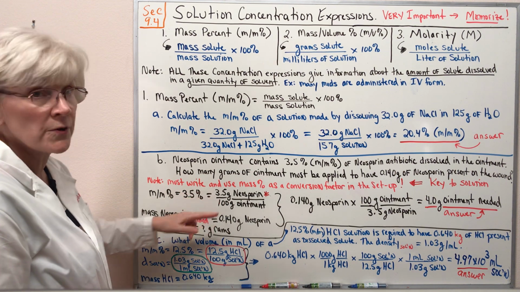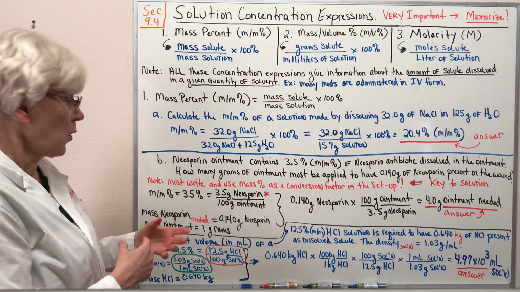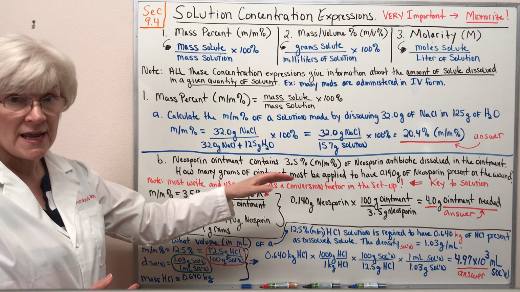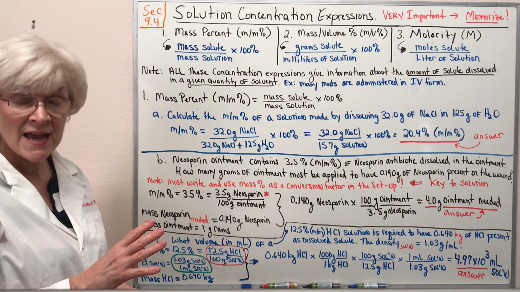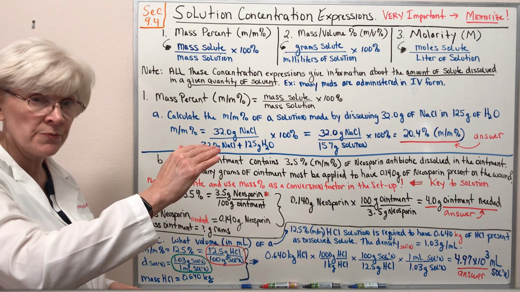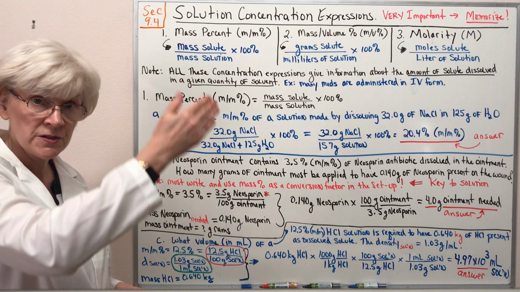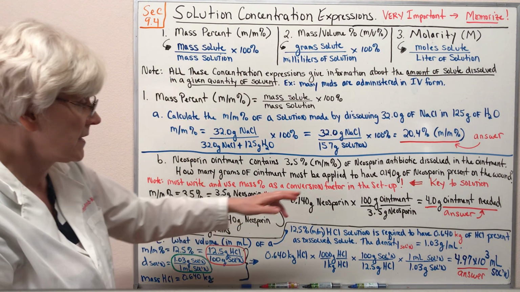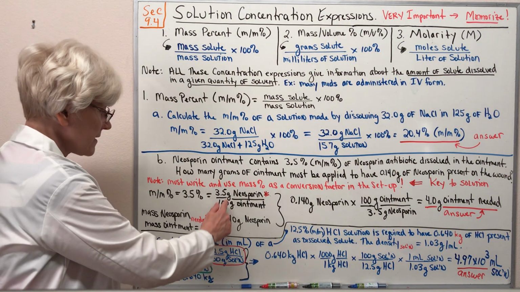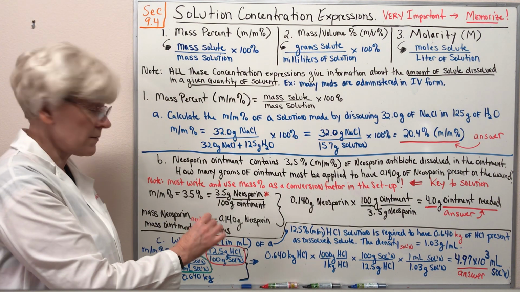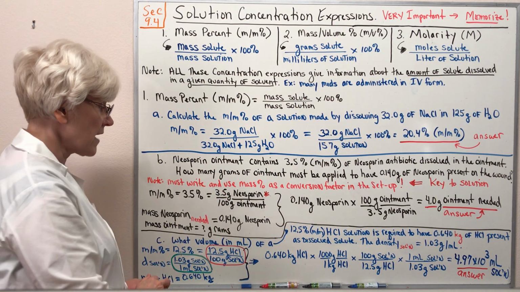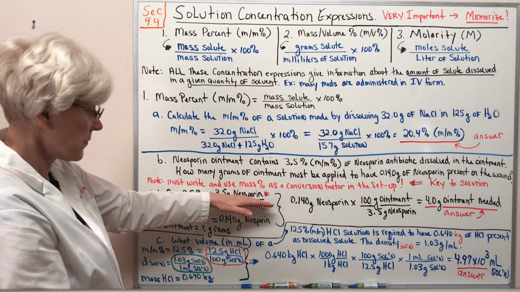3.5 over 100. What mass units you use depend on the data in the problem. The mass units can vary as long as they're the same unit, numerator and denominator, so they cancel out. Since we're given data in gram units, it makes sense to use the gram unit in the conversion factor. 3.5 grams of Neosporin.